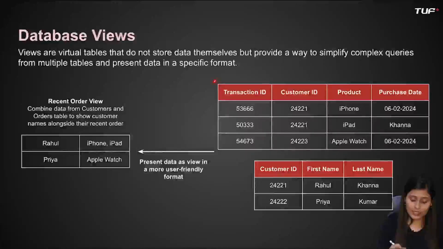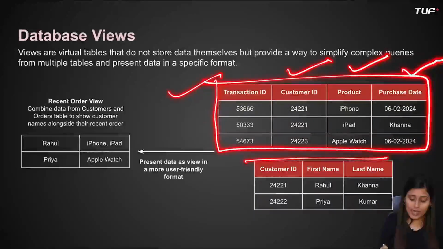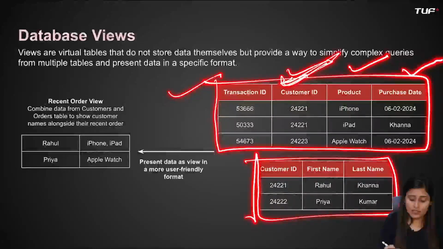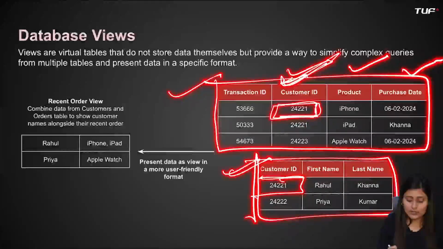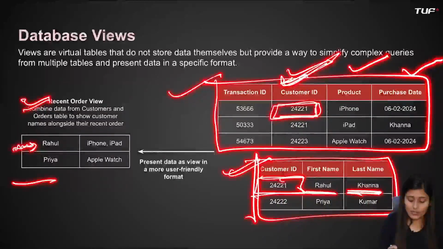Let's suppose here, for example, you can see this table. Here we have transaction ID, customer ID, product and purchase date. Along with that we have another table, and the customer ID from this table and this table are the same. If we want a name for this customer ID, we go inside this table and fetch the first name and last name, Rahul Khanna. If we want what they bought according to a name, we can retrieve the customer ID with this name Rahul and the things they bought.